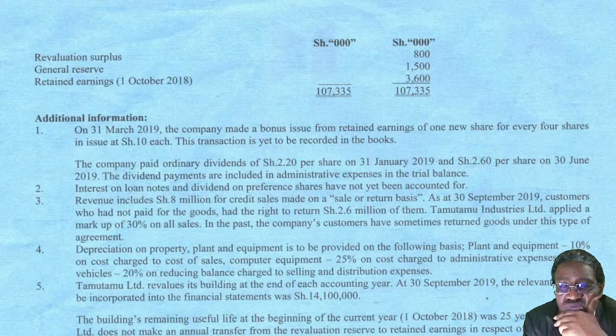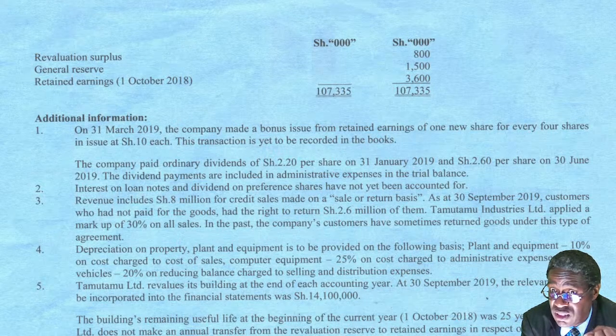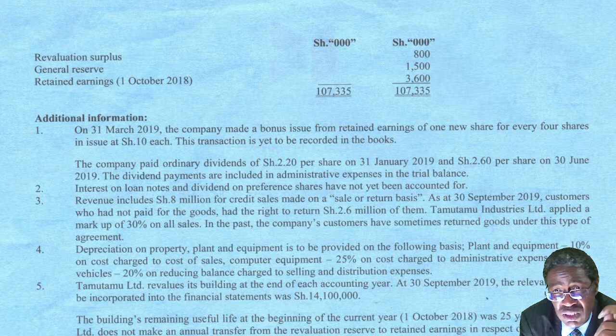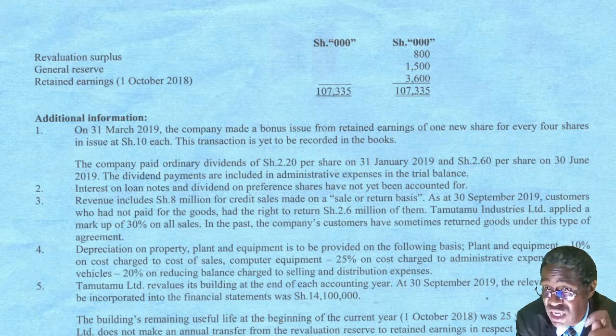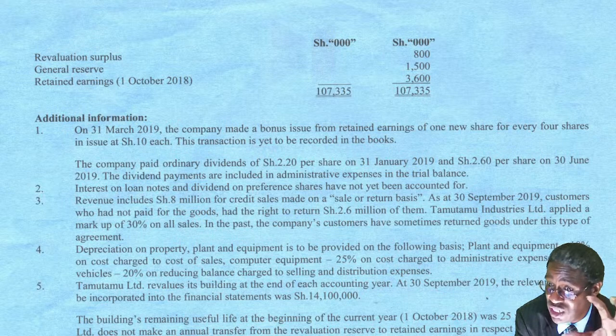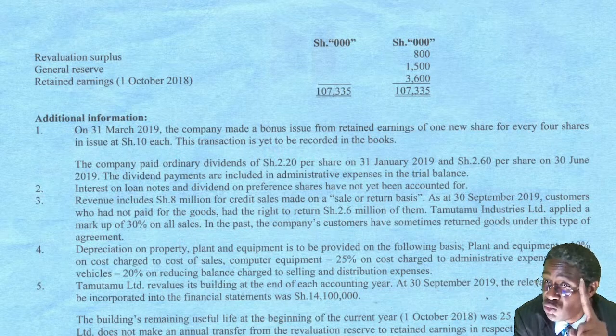Listen. So when I will be computing the dividends for the year, you have to ask yourself, how many shares were there in the company before January 31st? Those which were there before January 31st, I pay them at the rate of 2.2 per share.